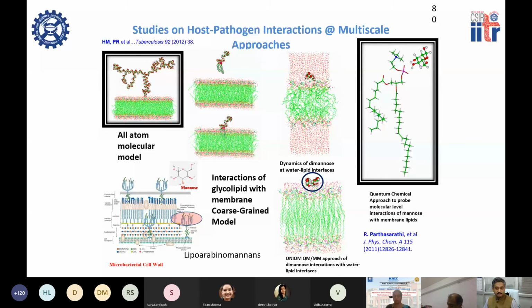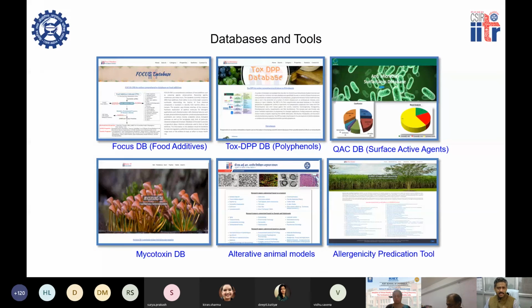These are some of the databases we are currently working on. We have also created a food additive database that contains entire properties from the structure to biological impact and toxicity information, and what targets it is going to involve, and how one can develop new additives or new safe chemical compounds for the food industry.